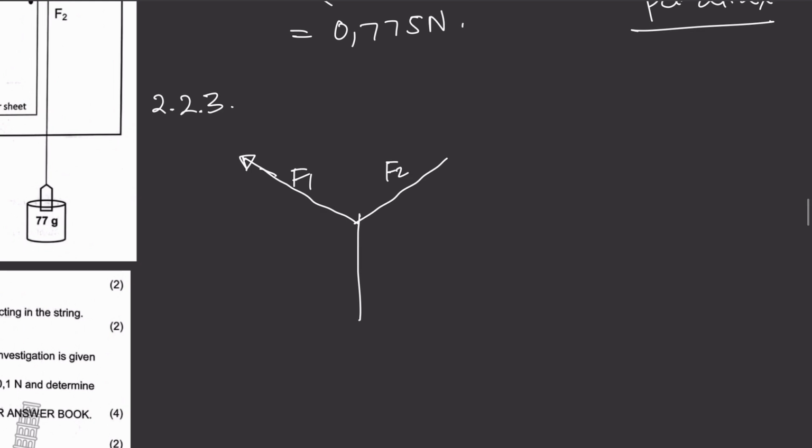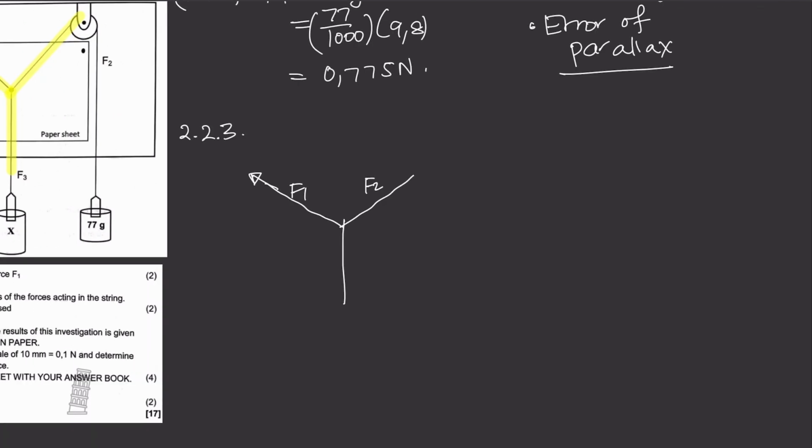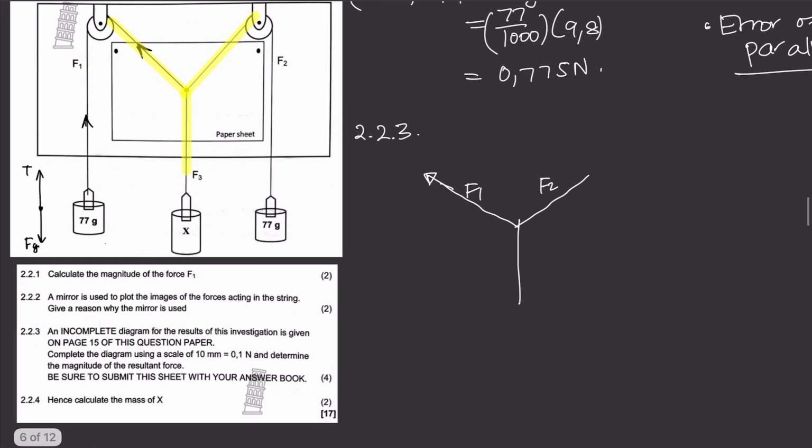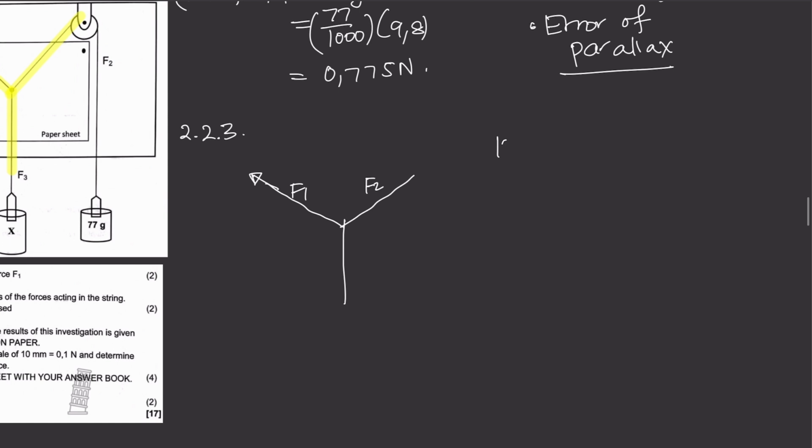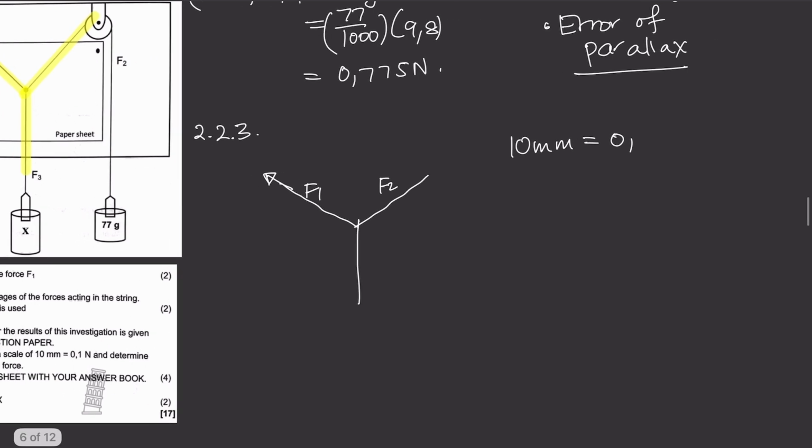What's the scale? 10 millimeters equals 0,1 newton.